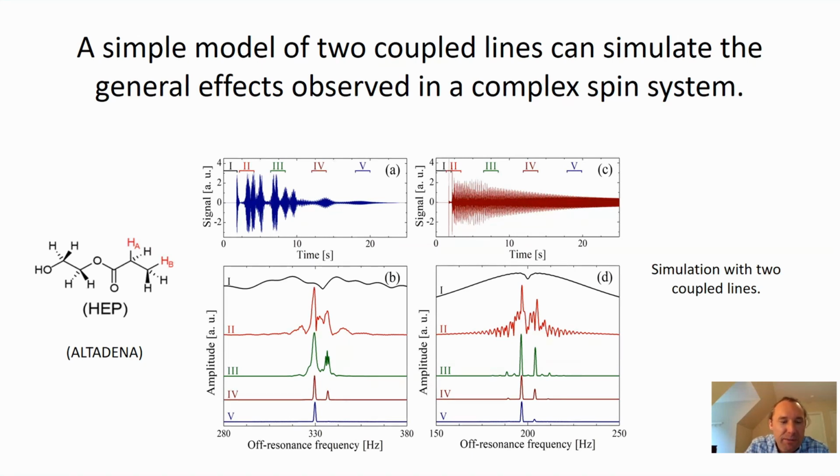So you can imagine that when you start with a very, very large polarization, and then you acquire the FID, the polarization decays slowly along that time. So then we can observe what happens with a RASER as a function of decreasing polarization. And so we've taken different bits of the FID and Fourier transformed them individually. And the same thing we do with a simulated FID that is only a simulation of two coupled lines.